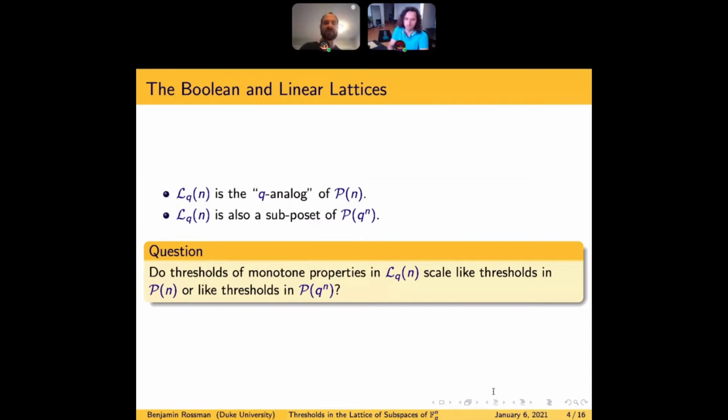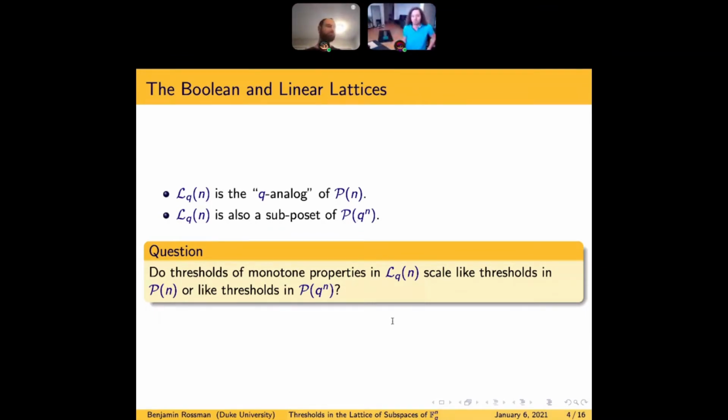On the one hand, the linear lattice L_q^n is the q-analog of the Boolean lattice. There's this combinatorial analogy between subsets of a given set and subspaces of a given vector space. On the other hand, L_q^n is also a sub-poset: as a partially ordered set, it embeds into the Boolean lattice on q to the n elements.